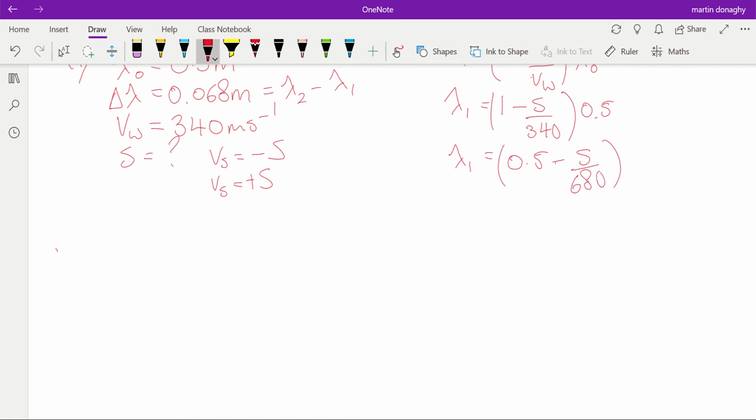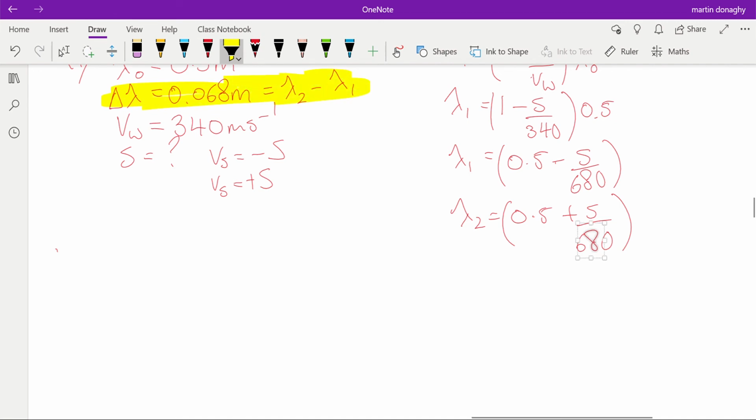We do the same thing for lambda 2, and we're going to get the same outcome, only the velocity is positive. We can then use this information up here to link those two things together.